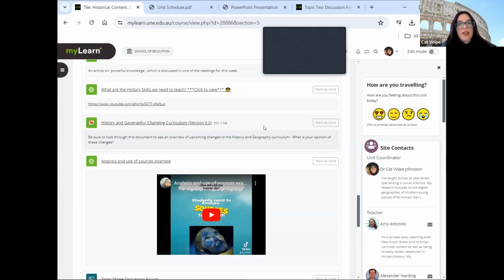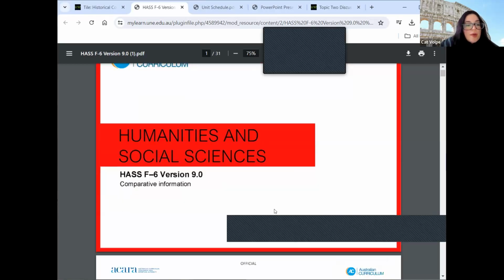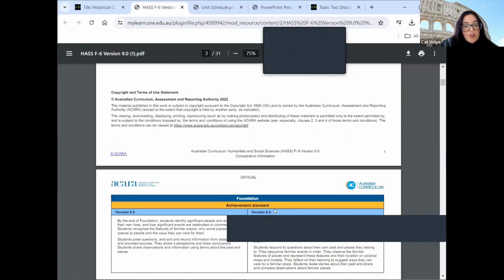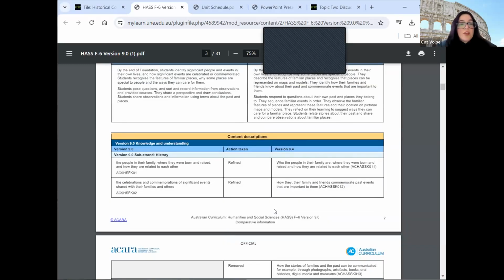Now, as you know, we don't have the new syllabus just yet, but this document gives us a little bit of an idea of the types of things that are changing in the new curriculum. Those of you who are in other states, I think in Queensland, you'll be working with ACARA, and I think schools are already implementing that. So it depends on what state you're in. But for the purposes of this unit, it's really important that we look at the changes that have been happening in history and geography, whether they're implemented now or in a year's time. We need to be thinking about these changes.